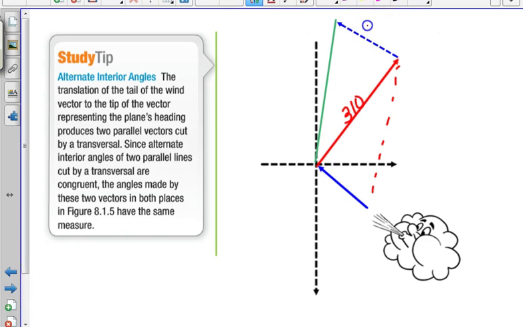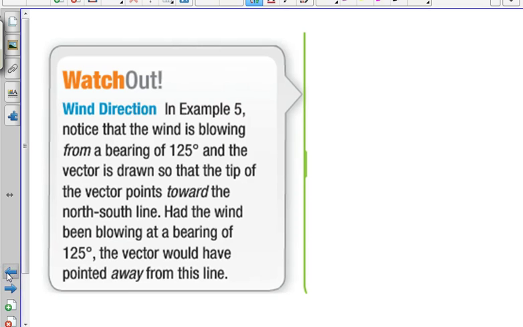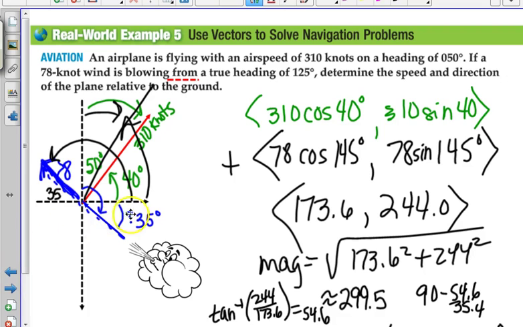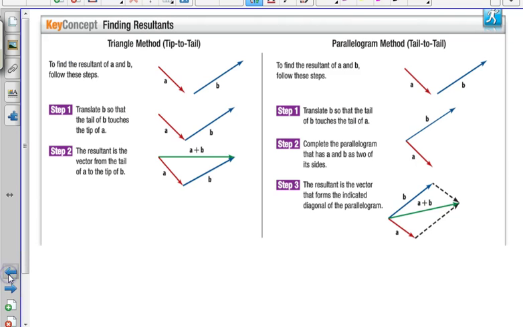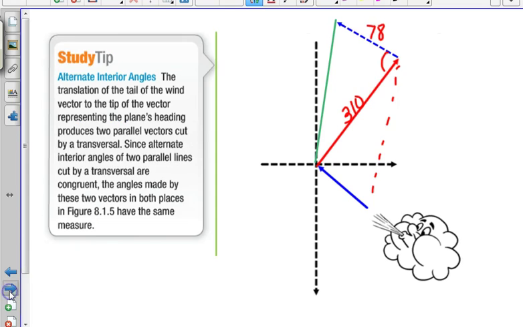Okay. Then this is where the gobbledygook comes in. We want to find how long this green vector is. So we have to use law of cosines, and we need this angle right in here. All right. When we did the red one, the angle here was 40 degrees because the bearing was 50.